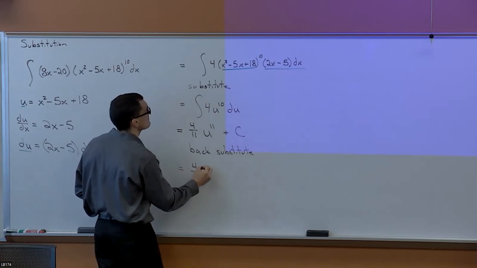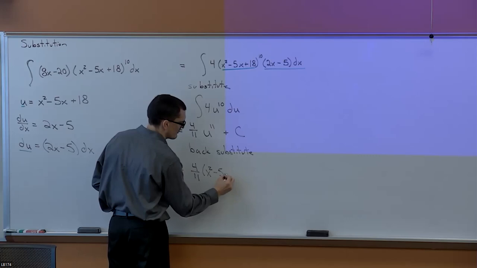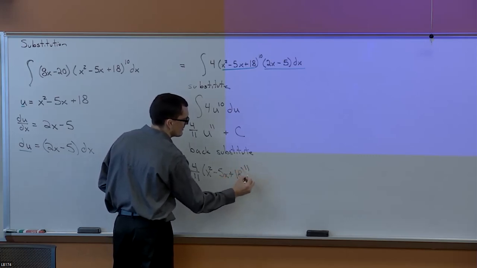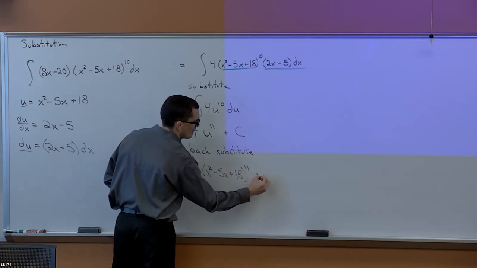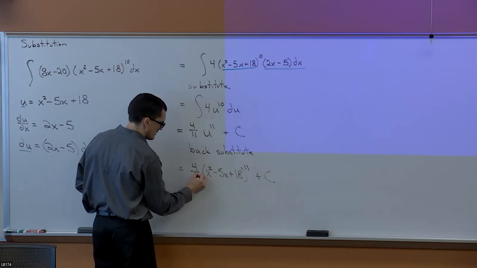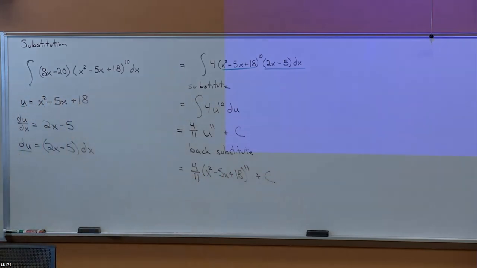Four elevenths times x squared minus 5x plus 18 to the 11th power plus c. And that's the final answer.